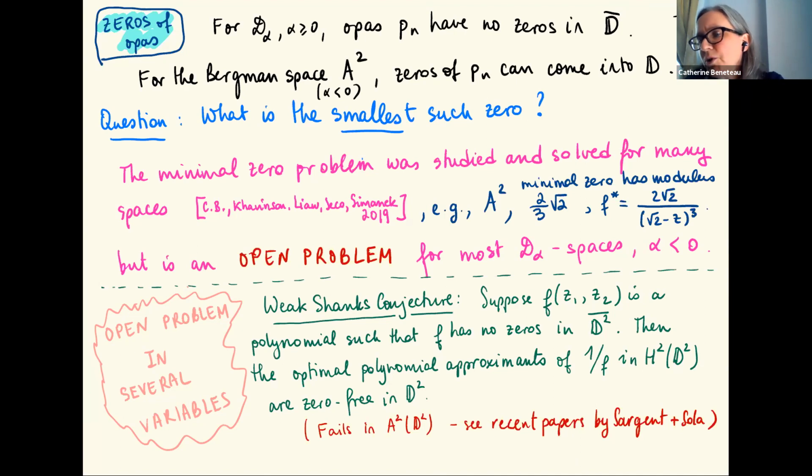Because these optimal approximants have no zeros inside the closed disk, they were good tools to have what's called stability for filters in the engineering literature. So the engineers were interested in these polynomials for that reason, in the context of the Hardy space when they took F to be a polynomial or some simple situation.